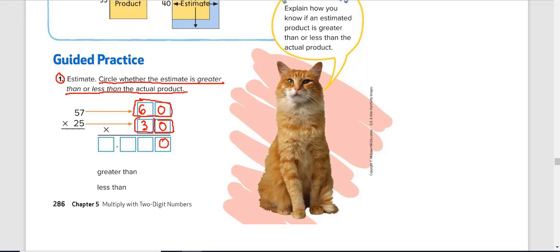Then 60 multiplies the tens place 3. 60 times 3: you can do 3 times 0, 0, 3 times 6, 18. That's 180 tens. Final answer, 1,800. Remember, since both numbers have been rounded up, the estimate will surely be greater than the actual. And the actual, if you do 57 times 25, give it a try. You should get 1,425.